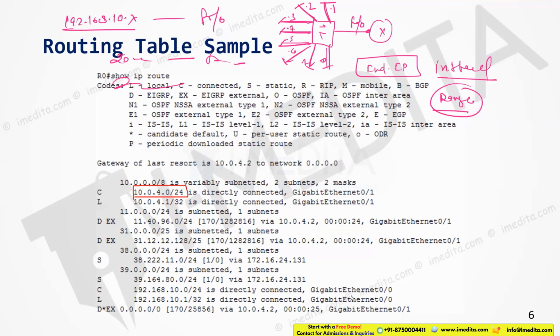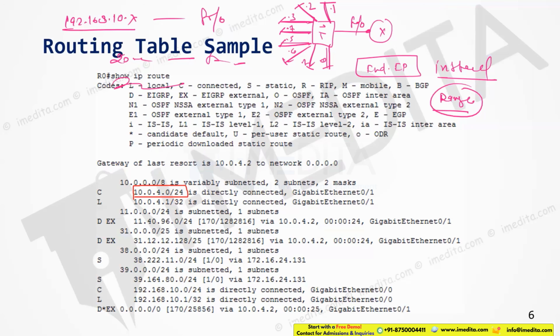That range is represented by the network ID and the subnet mask.